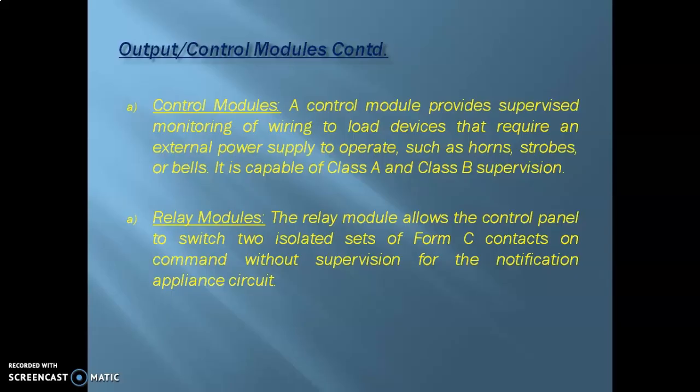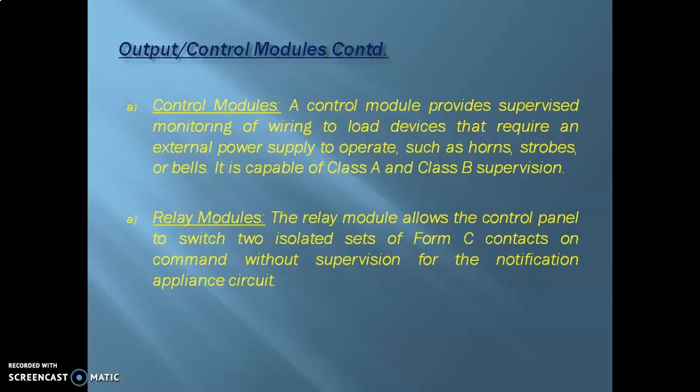What this means is that you have two sets of Form C contacts available in the device that are not supervised, and whenever a signal is sent from the FECP to the relay module, it trips or activates either of these Form C contacts and makes the system that is connected to it perform the operation that it is required to perform.